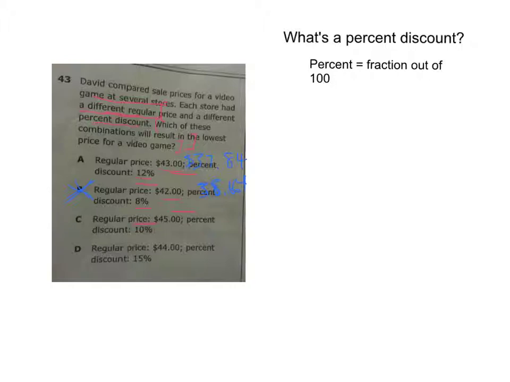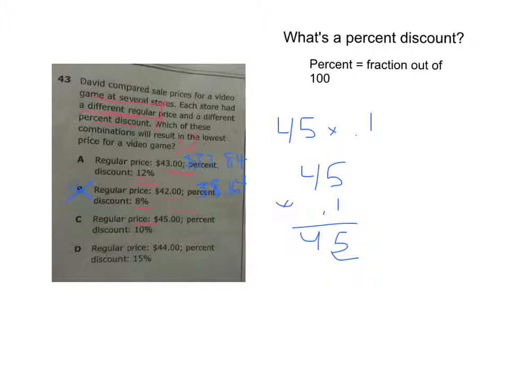So choice C tells us that the price is $45 with a discount of 10%. So we're going to say 45 times 0.1, and 45 times 0.1 is equal to 4.5.